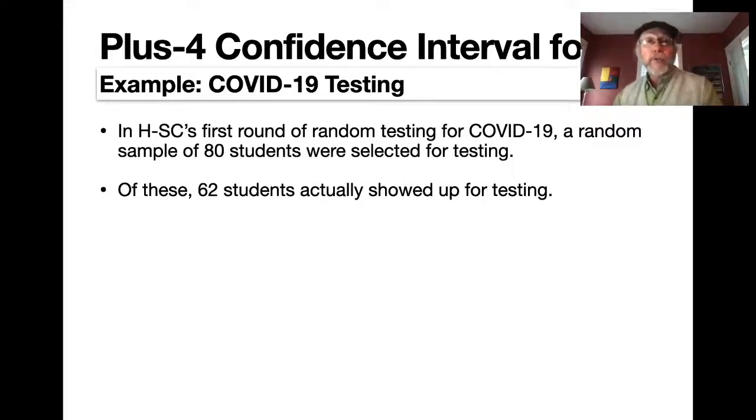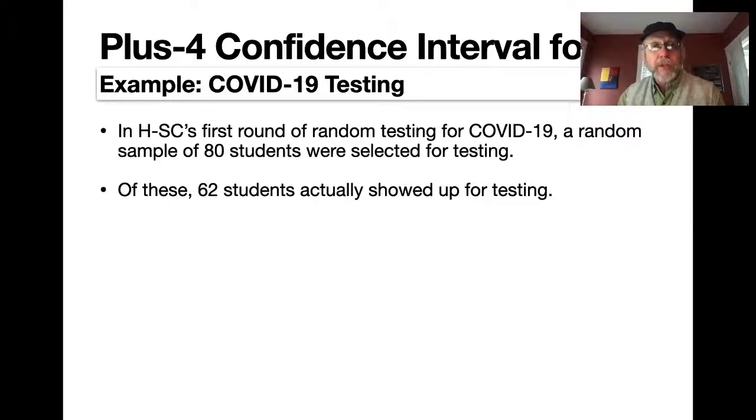That does introduce some possible bias in our results, right? Because who were the students who didn't respond? Maybe they were students who thought they might actually have the disease, and didn't want to get tested because they maybe didn't want to go into quarantine. Or maybe they just wanted to avoid the stigma of being even considered likely, possibly to have COVID 19.